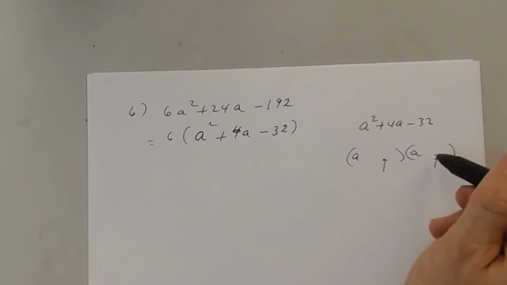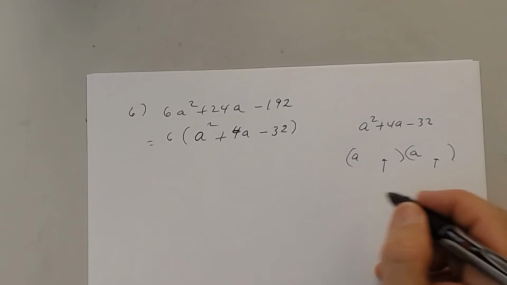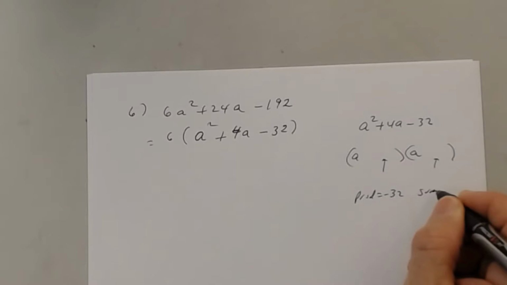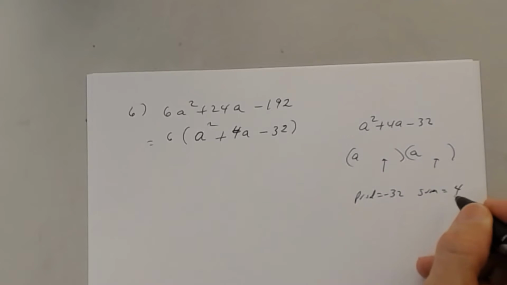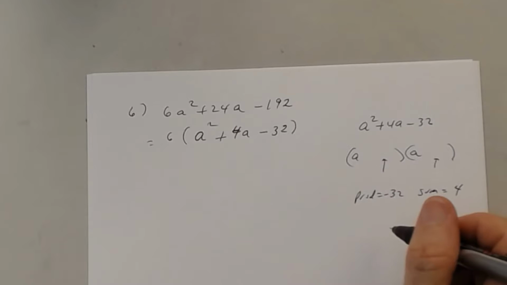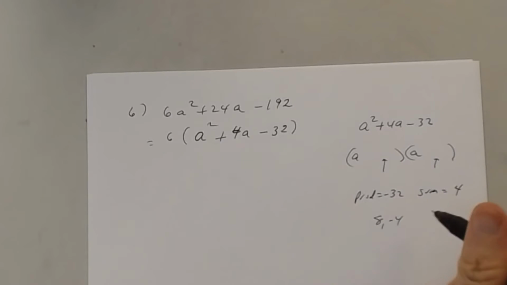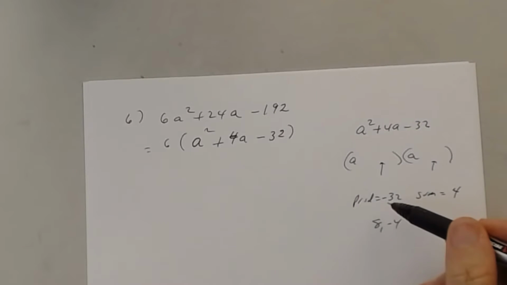So I need that product to be negative 32. So I need two numbers whose product is negative 32, and the sum is what? 4. Come up with something. Write something down and see if it works. Positive 8, negative 4. Let's see. 8 times negative 4 is negative 32.